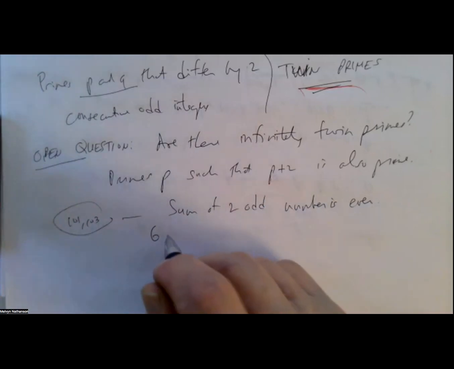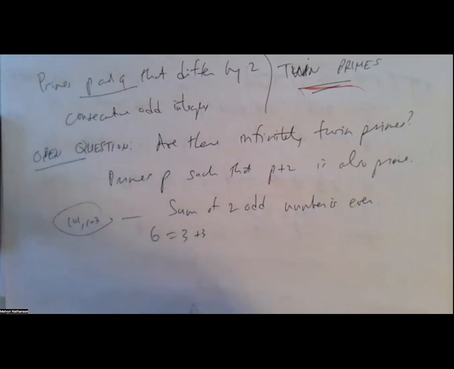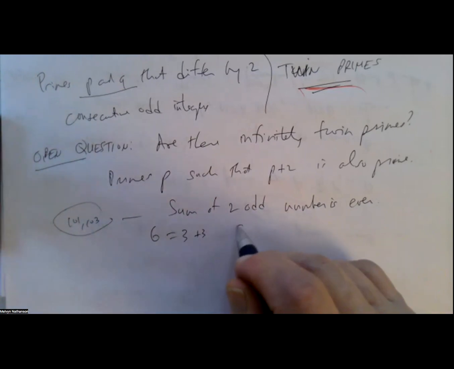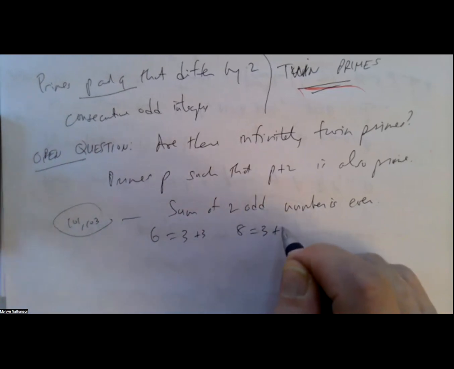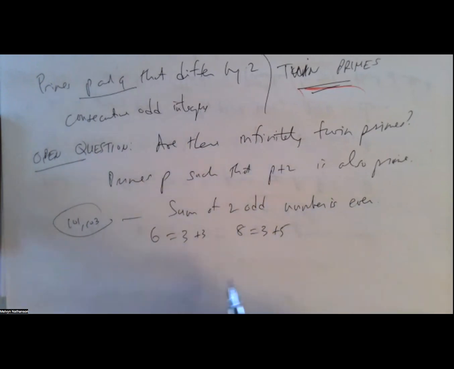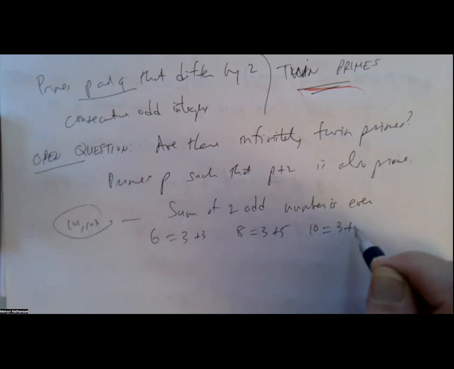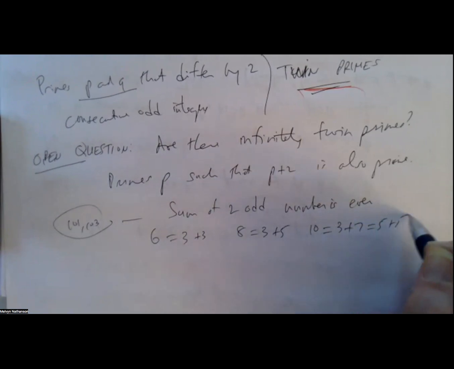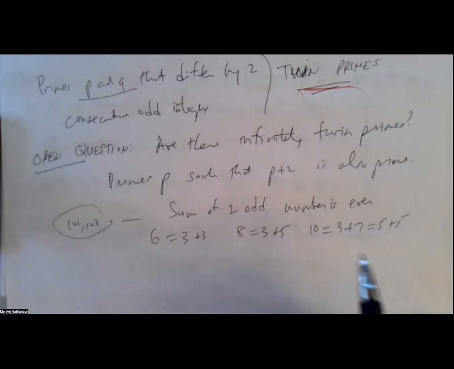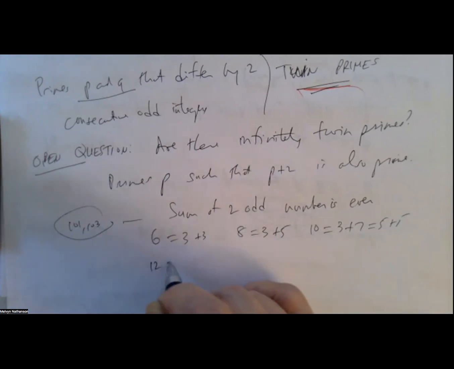That's an even number, but I can write it as 3 plus 3. 8 is 3 plus 5. I'm writing each even number as a sum of two odd primes. Like 10 is 3 plus 7, or 5 plus 5. I can write 10 as a sum of two odd primes in different ways.